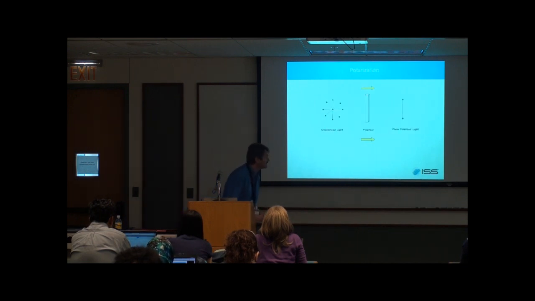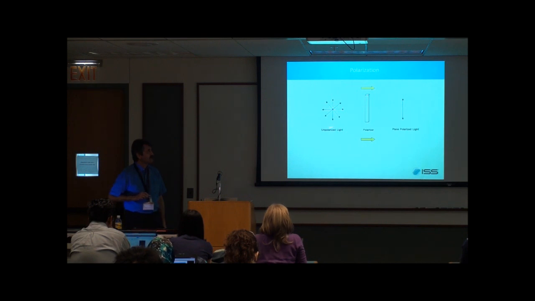Now, there are some gadgets called polarizers that allow us to select a plane of polarization in the unpolarized light. In other words, I have unpolarized light, I pass it through a polarizer, and I get plane polarized light.